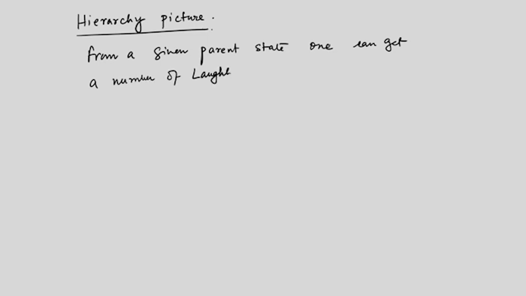So from a given parent state, these are Laughlin-like daughter states. Okay. So these Laughlin-like daughter states and parent states are very interesting here.